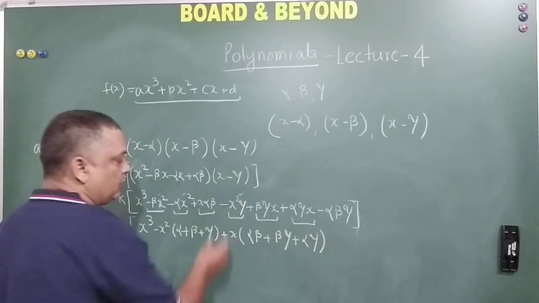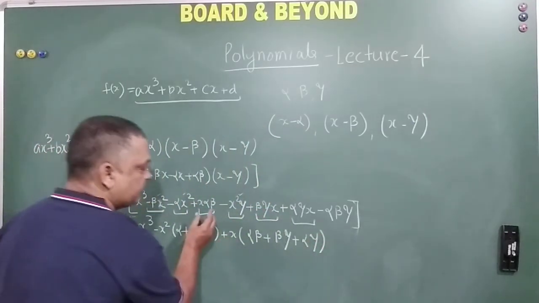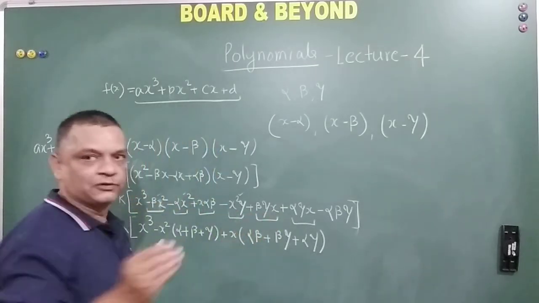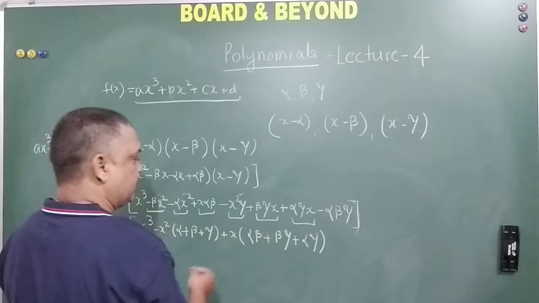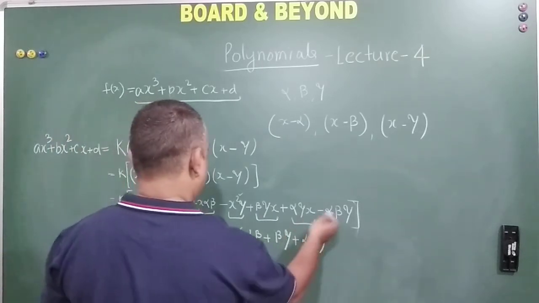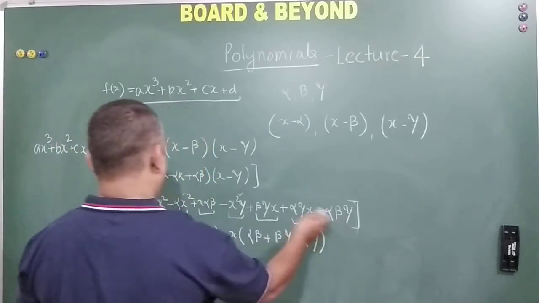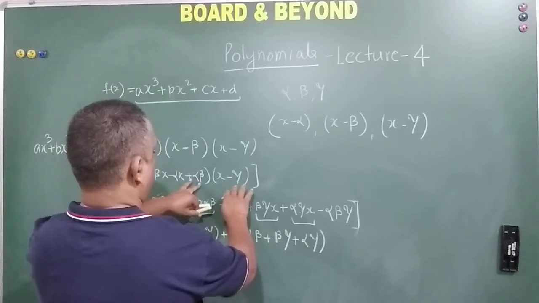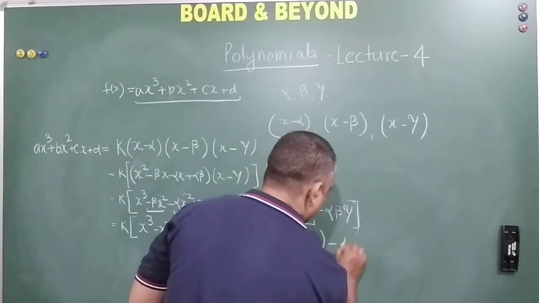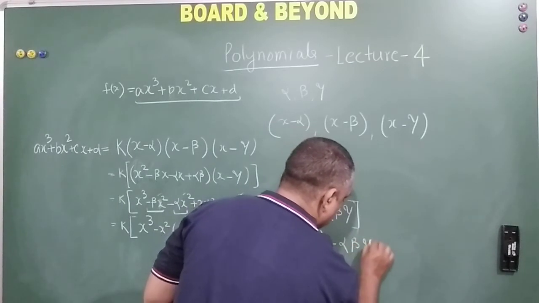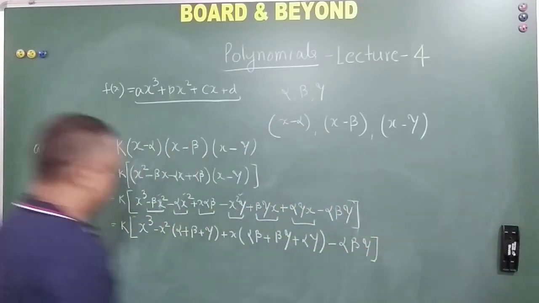Okay. Now the terms which are having x are also dealt with. Now only the constant term. The constant term is minus alpha beta gamma.